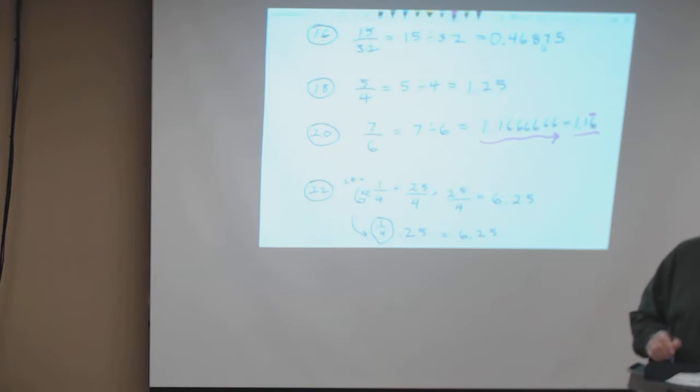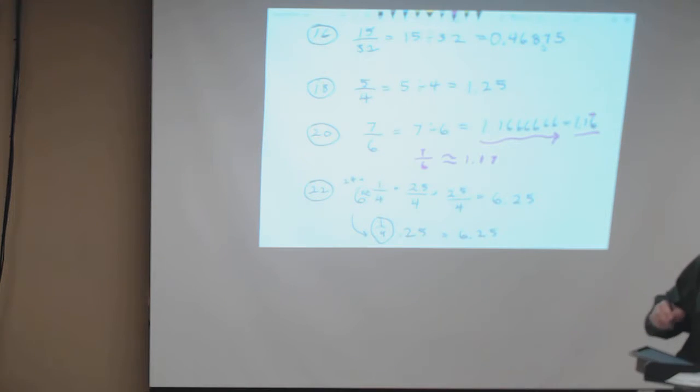Because they're not asking you, watch what happens. 7 divided by 6 is approximately 1.17 if I rounded it off. Do you follow that? That's approximate.